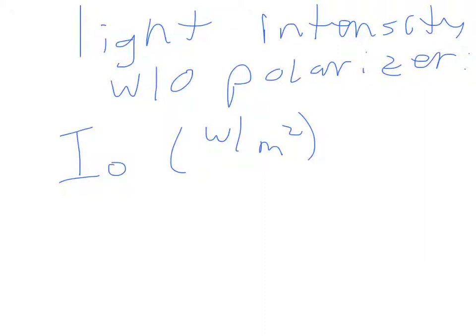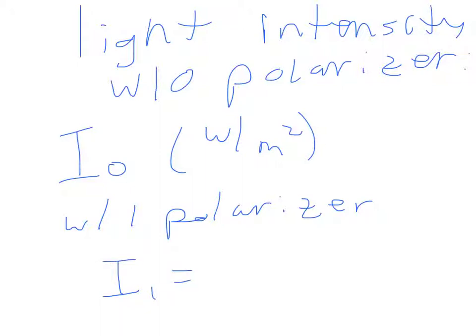With one polarizer in place, no matter what the orientation is, if we assume a random distribution of light polarizations, the intensity after it exits the one polarizer would be about half of the original light intensity. Then what if you put two polarizers together? Well, as I mentioned, if they're aligned, then the intensity coming out of the second polarizer will be the same as that coming out of the first.